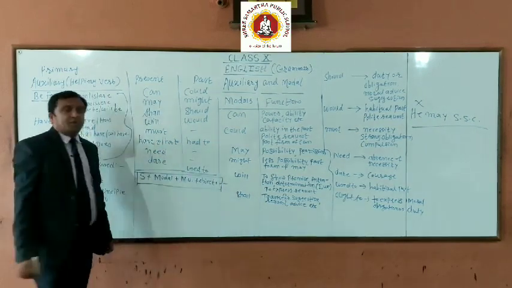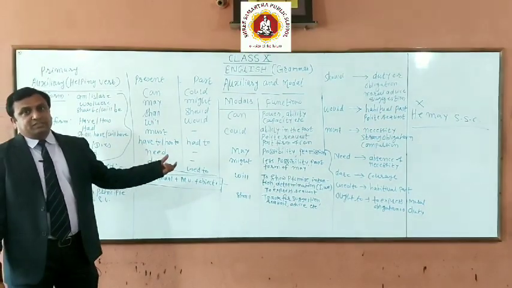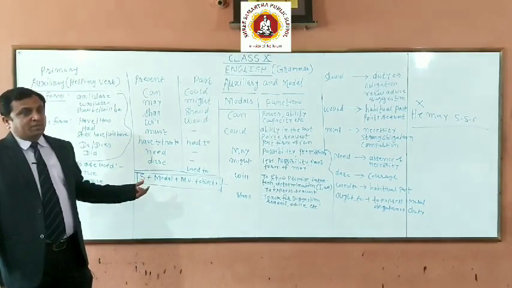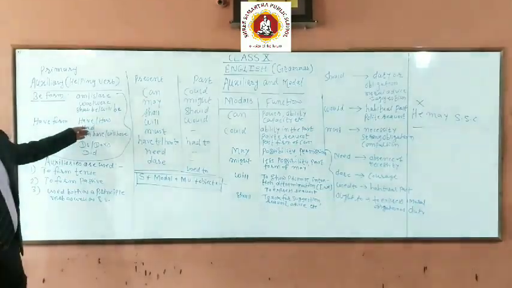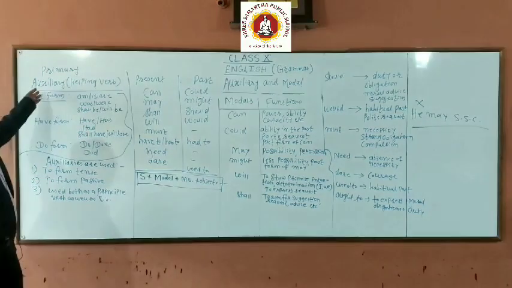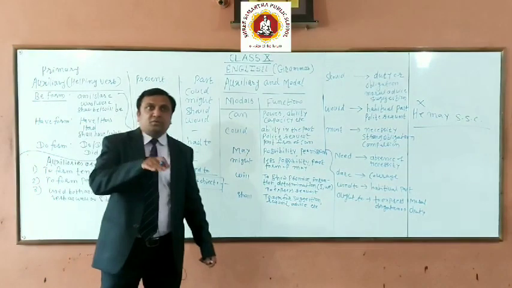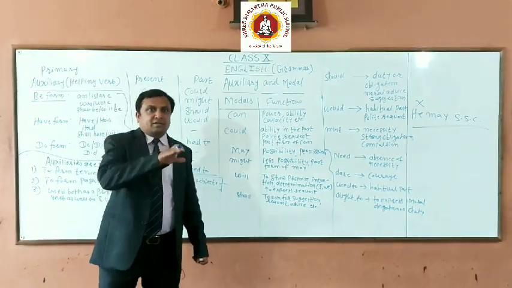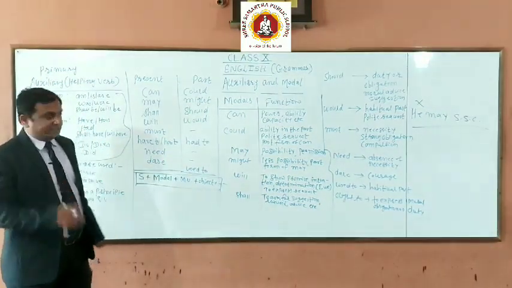Second thing you must remember regarding modals: modals never change as per the subject and the gender or person. Primary auxiliary verbs are changed according to the gender, person and number, but modals never change. See the example.